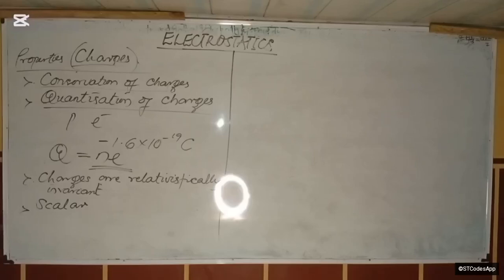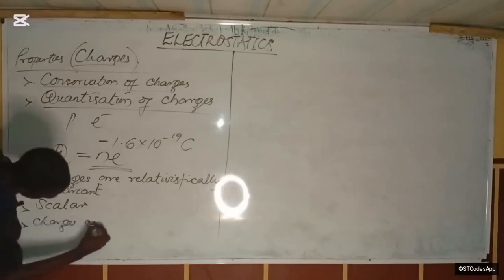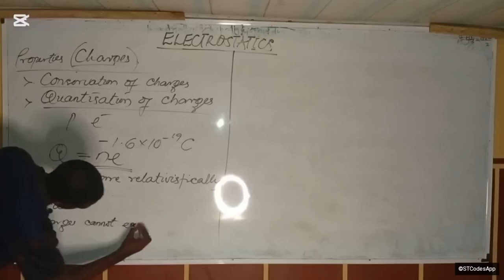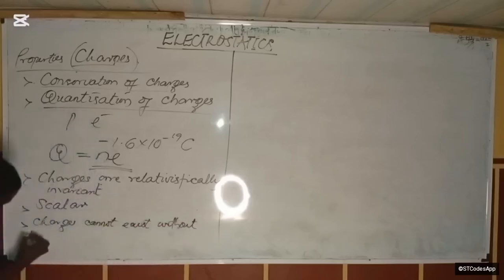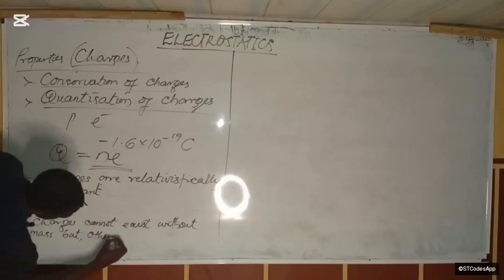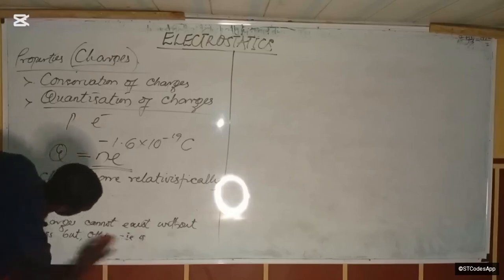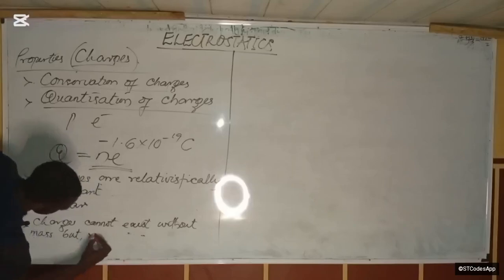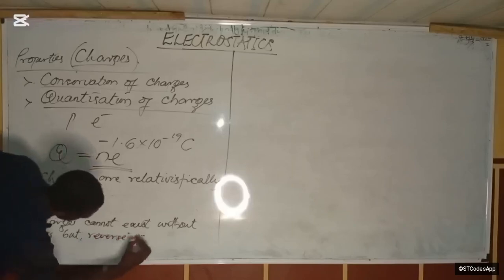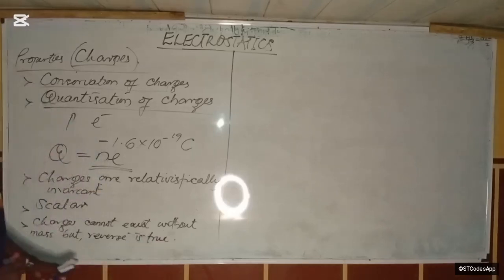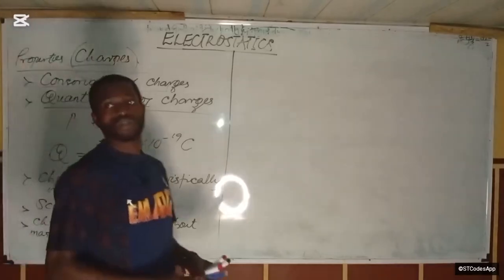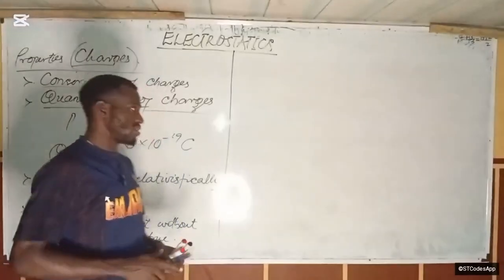Charges cannot exist without mass, but the reverse is true. What this means is that masses can exist without a charge, but a charge cannot exist without mass.